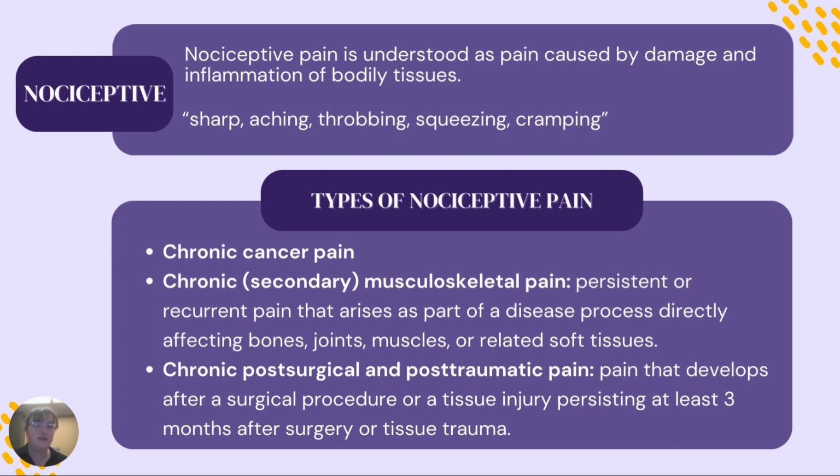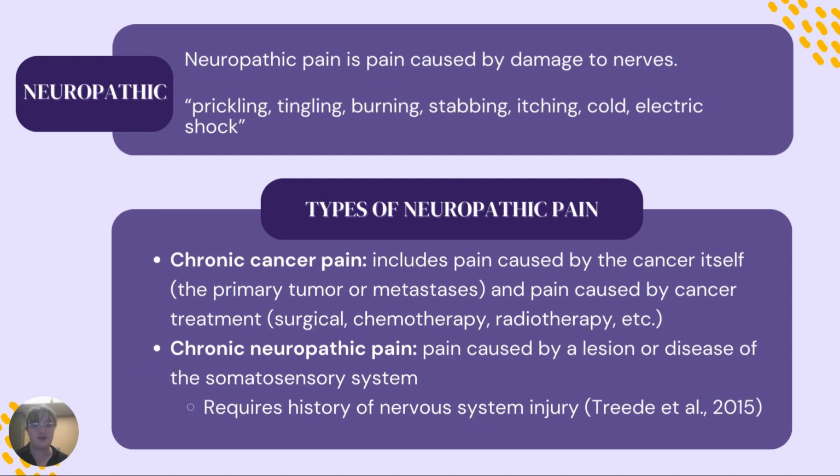A common pain experience that is related to cancer is called chemotherapy-induced peripheral neuropathy, or CIPN. And that is actually a type of neuropathic pain, which I'm going to get into next. So chronic cancer pain is going to fall into both of these categories. We can have nociceptive pain that's caused by cancer or its treatment. We can also have neuropathic pain caused by cancer, illness, or treatment.